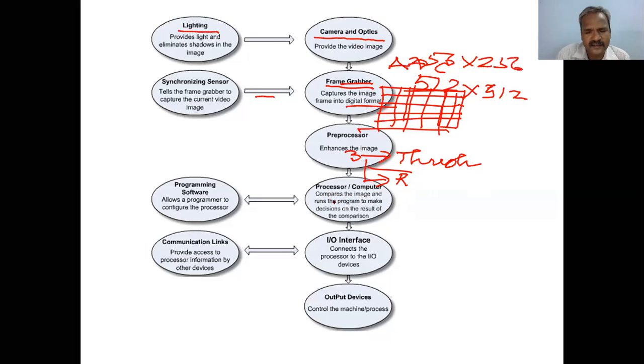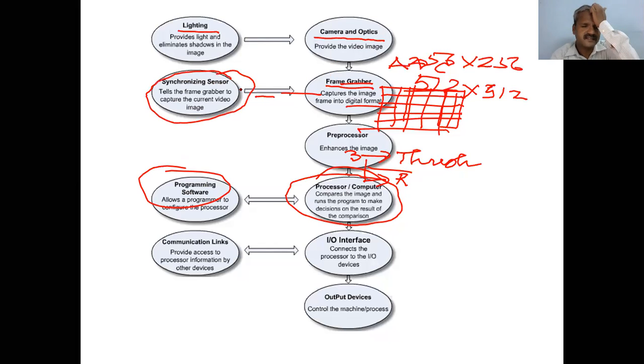Then in the processor stage, image recognition and image analysis are involved, using standard programming software. Along with the frame grabber, we can synchronize various sensors that act as inputs to the machine vision system, for example a proximity sensor or a thumb wheel switch.